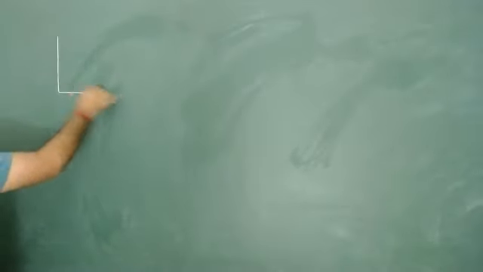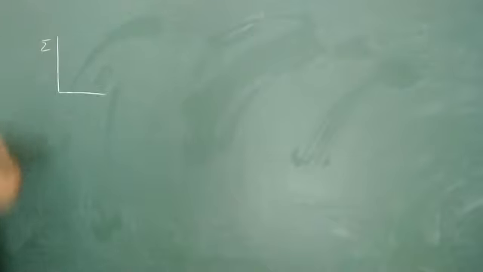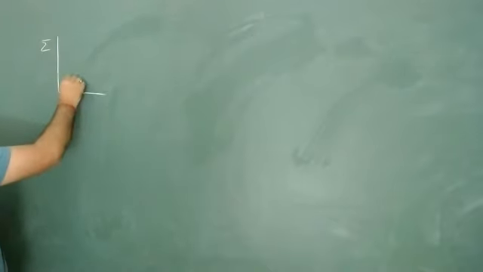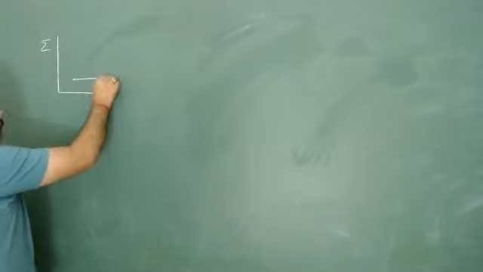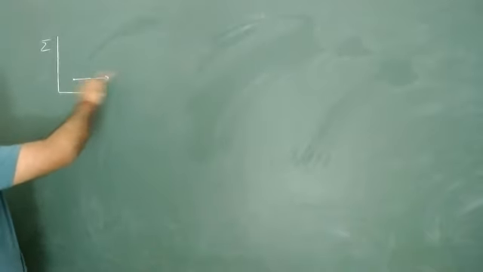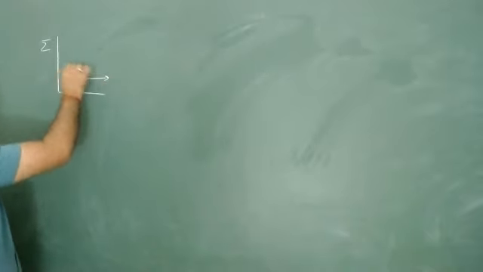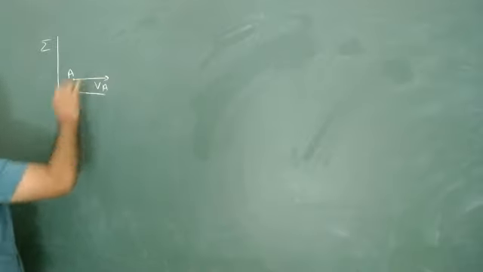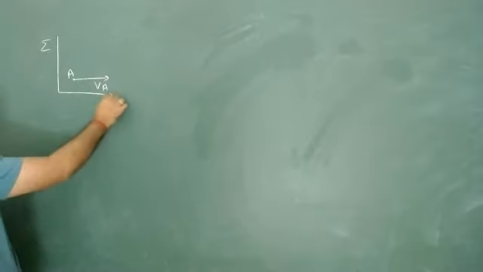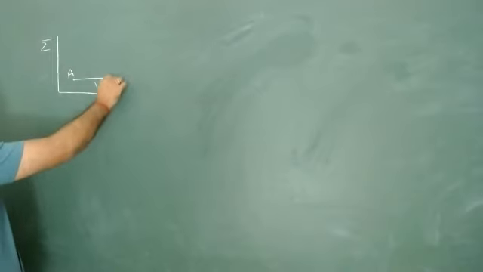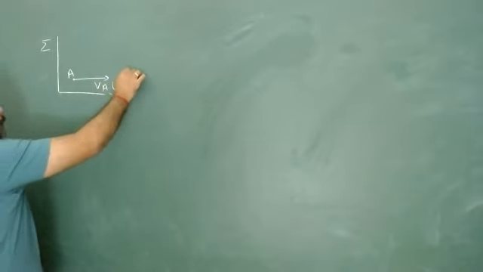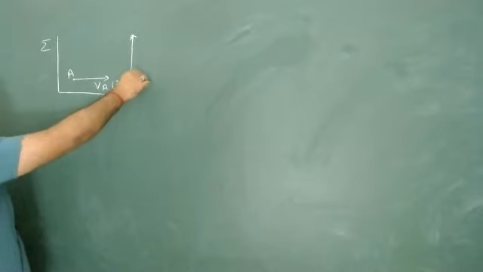Now let us make things a little bit complicated. This is my one frame, let's say this is sigma. There is another particle which is moving in the direction of I. Let's say this is A and this is VA. This is my x-axis, in the I cap direction. Let's say B is going in the J cap direction.